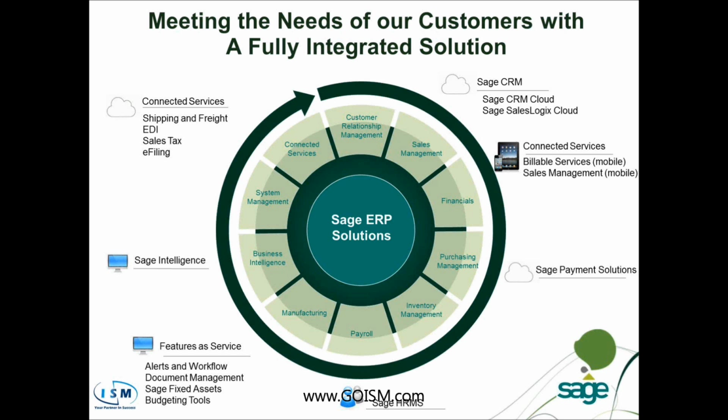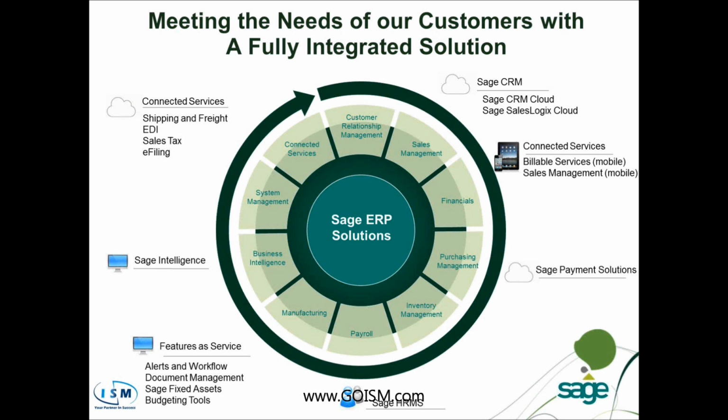As you're all aware, they're continuing to increase that portfolio by adding things like payment solutions, Sage HRMS, and other things, Sage Intelligence. But Sage has also offered the Sage CRM application as part of this portfolio.